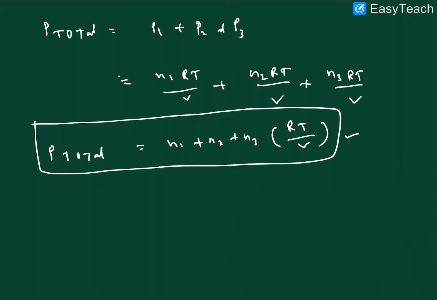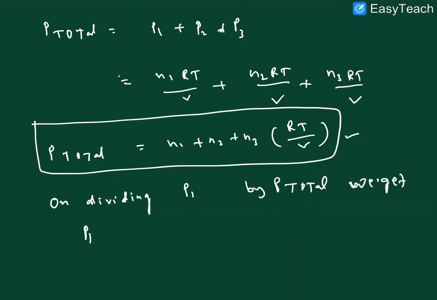In this equation, we divide P1 by the total pressure, P total. What do we get here?